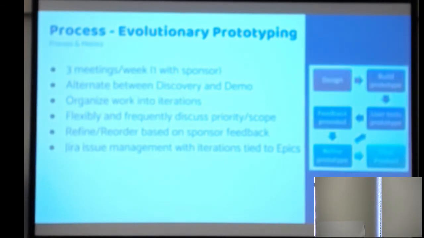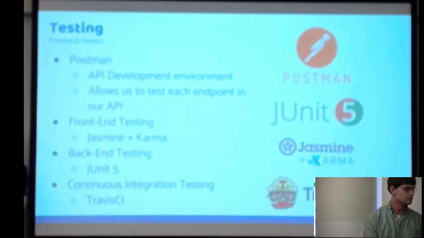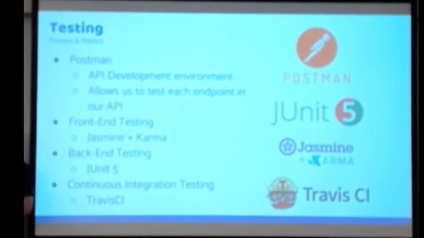And again, we talked with our sponsors about prioritizing and maybe some feedback to work with our iterations. For testing, we used Postman for testing all the endpoints in the API to ensure that it returns the data we want to see.